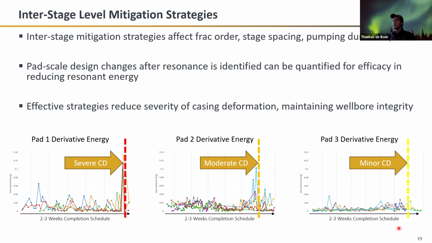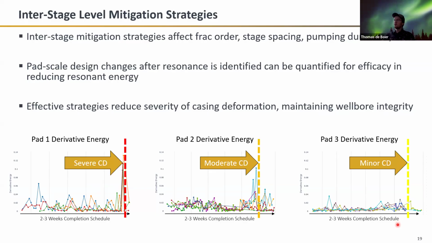In the third pad, they trialed a few more aggressive techniques. You can see each of these dots here essentially is when those stages are completed. We can see that we started having higher energy behavior across a few wells, and you can see there's a bit of a gap here. So essentially pausing those completions to try to let the system relax a little and reduce the impact of that deformation.